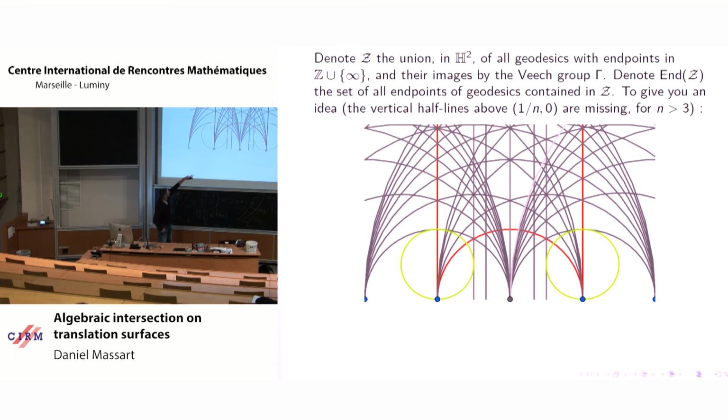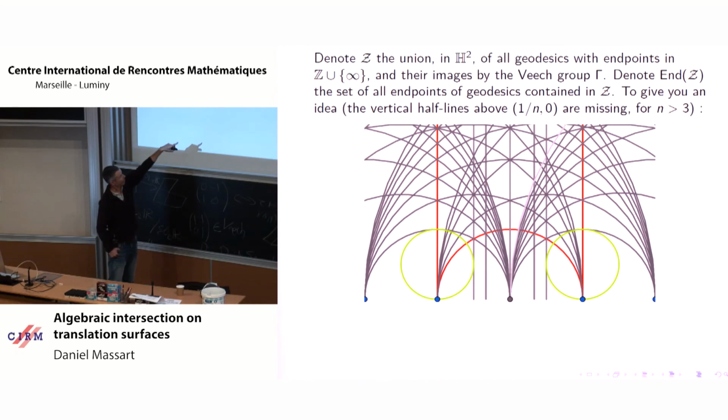So now I'm going to explain why this strange set of geodesics is there. A geodesic in the hyperbolic plane has two endpoints, and each geodesic is associated to a pair of slopes in the surface.